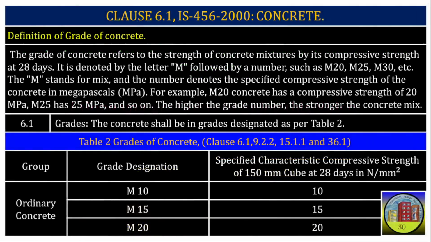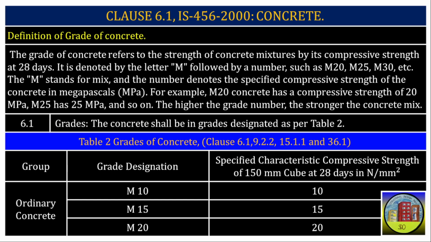Clause 6.1, IS-456-2000, concrete. Definition of grade of concrete. The grade of concrete refers to the strength of concrete mixtures by its compressive strength at 28 days.